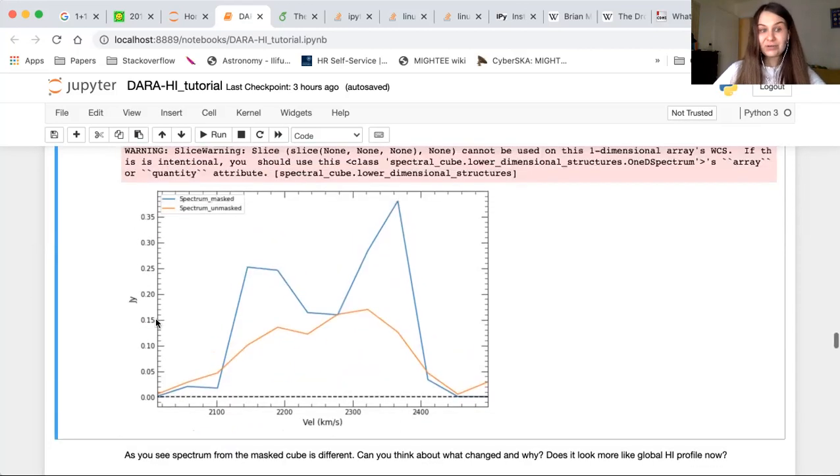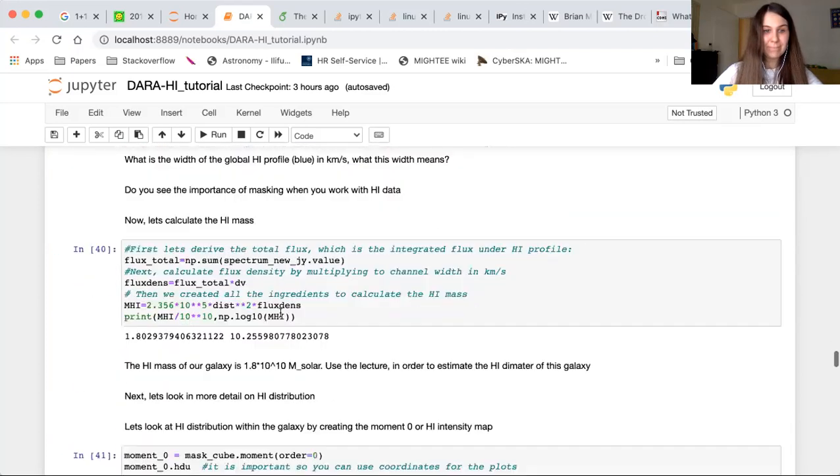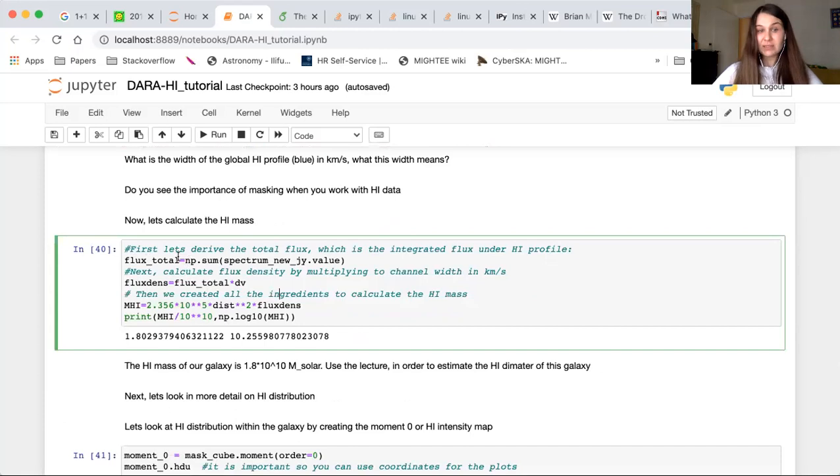After we calculated our global HI profile, our intensity from the nicely masked cube, we can calculate the HI mass of this source. How do we do it? We need to sum up all values under this blue curve. So we call it flux total.